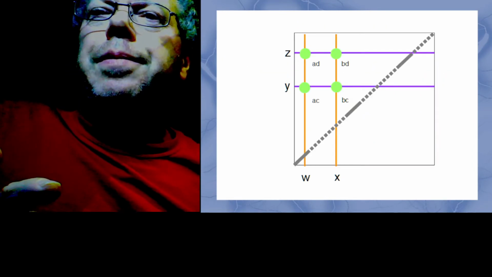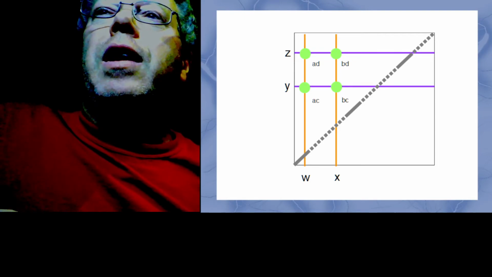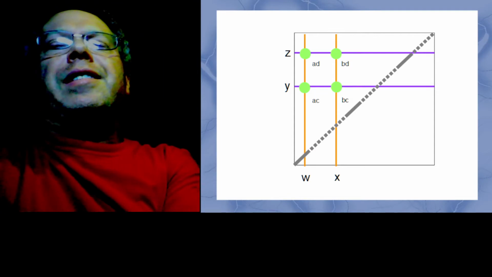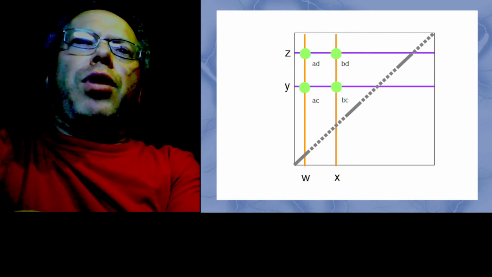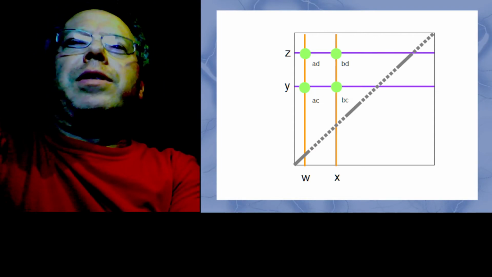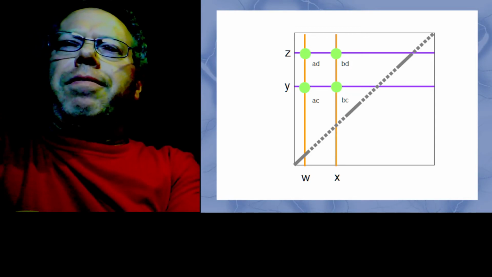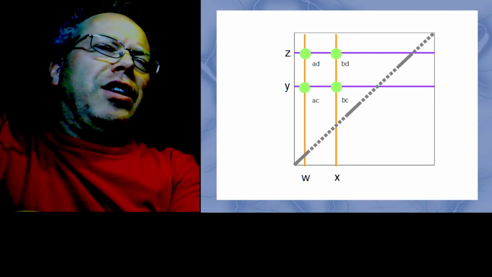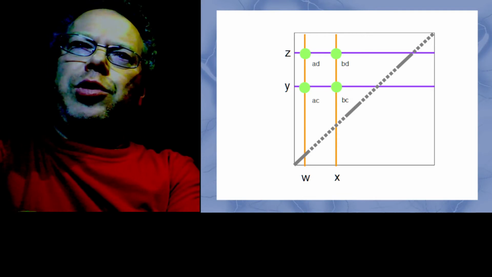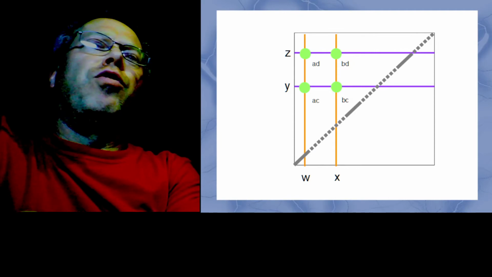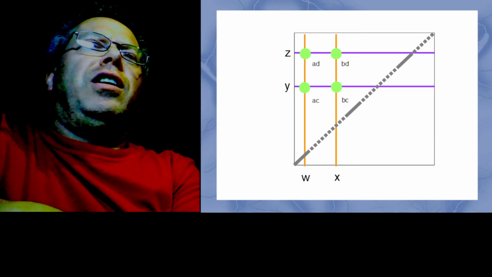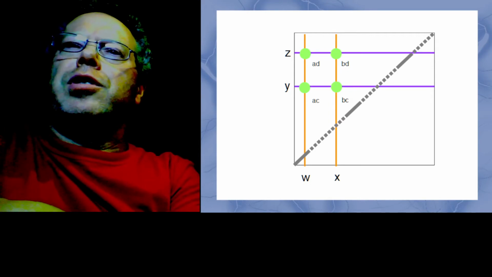So let's see. Now I'm going to go to this product picture. So I've got two particles, remember? I've got two scalar particles, and they're each in these pairs of wells. And now I'm going to look at it in 2D as a product function.